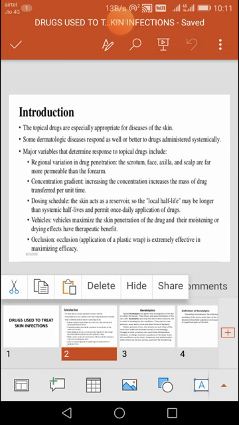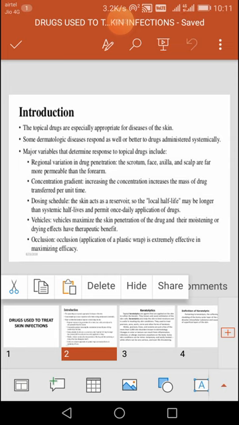Then regarding concentration, when there is more concentration, it increases the transfer of absorption of drug. Increasing the concentration increases the mass of drug transferred per unit time. Then dosing schedules. The skin acts as a reservoir, so the local half time may be longer than the systemic half lives.